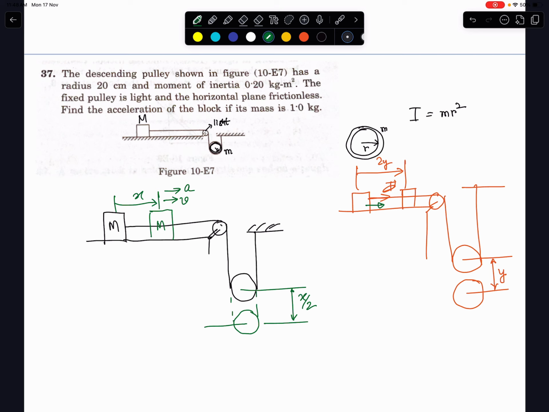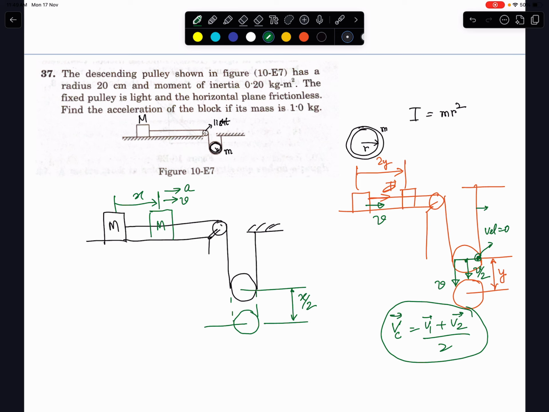Suppose it has a velocity v. For the pulley, this end has a velocity v, while this string is at rest, so this end of the pulley will be at rest. So at this end the velocity is 0, so the center of mass will have a velocity v by 2. As you know, the velocity of the center is equal to the velocity of the ends divided by 2, it's a vector sum.